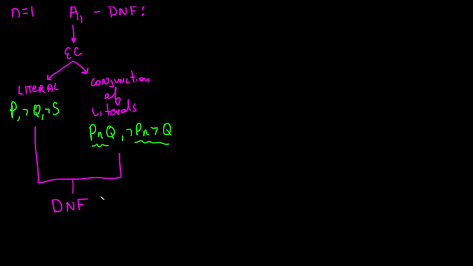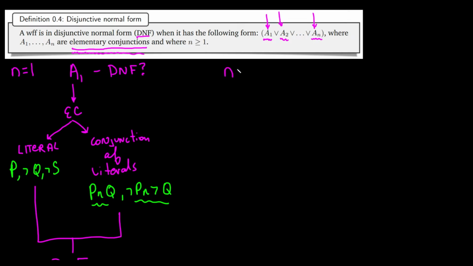What about a case where n is greater than 1? So we wouldn't just be looking at a single formula and saying, independent of its structure, is it in disjunctive normal form? Instead, we'd say, well, is this formula that has the structure a sub 1 or a sub 2 or all the way up to a sub n, is that formula in disjunctive normal form or not?